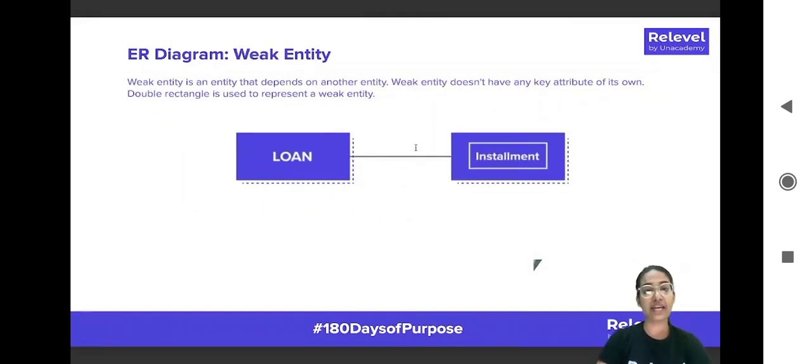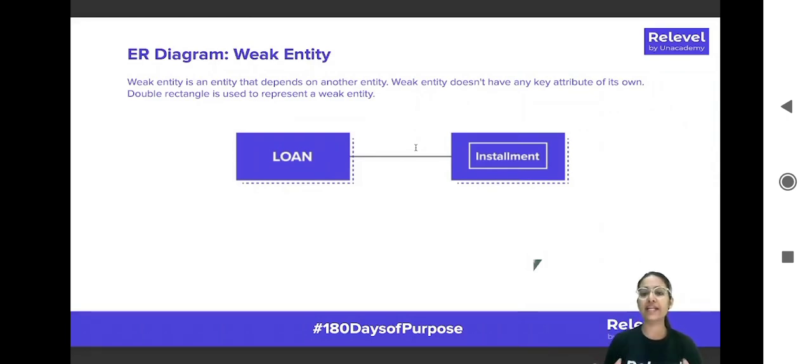Then we have a weak entity. We remember that a weak entity is simply a rectangular box inside another box. A weak entity is an entity that depends on another entity. Like I told you earlier, a weak entity cannot exist by itself. It's dependent on another entity.